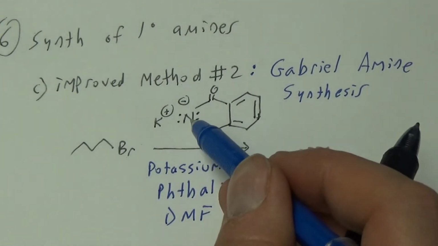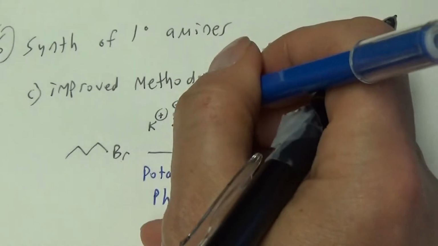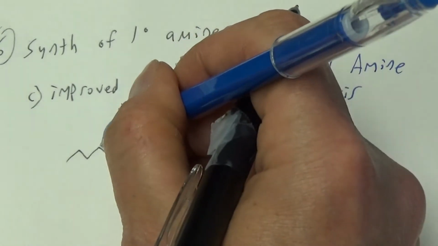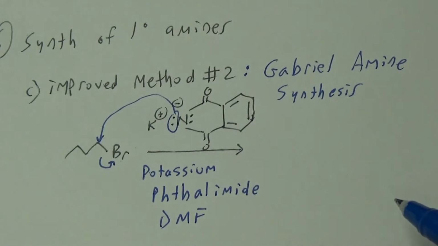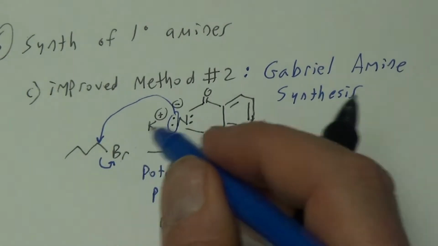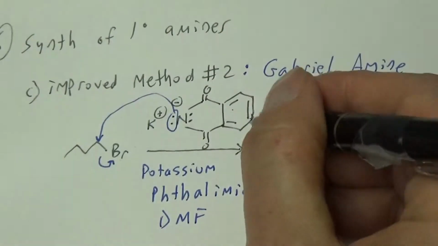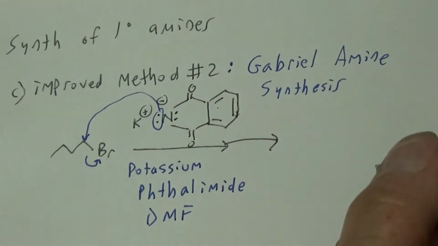All that's going to happen is this is going to attack, using a lone pair, and kick off the Br. That's a very clean SN2 reaction, and it can only react once. There's no way it could react a second time. So what do you get?